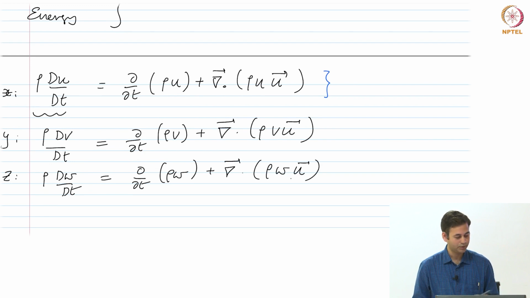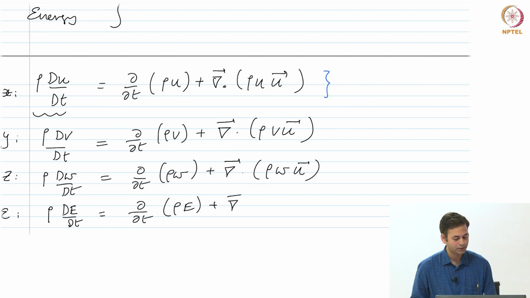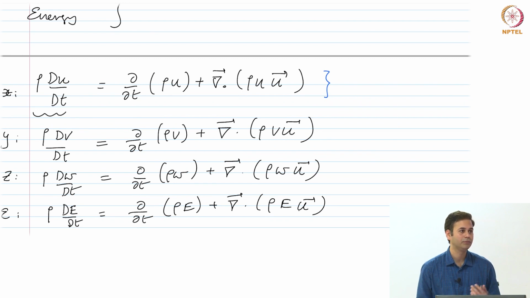That is what we have, and for the energy equation, we have rho dE/dt equals partial t of rho E plus del dot rho E u bar. So we can simply obtain the rate of change term just by replacing phi with either u, v, w.